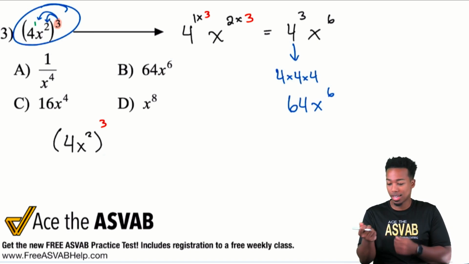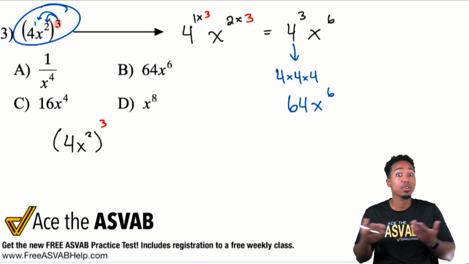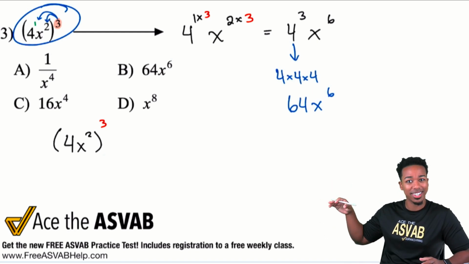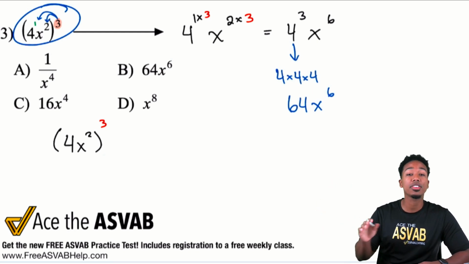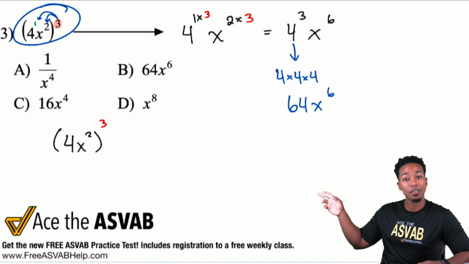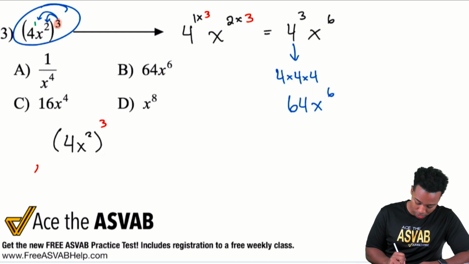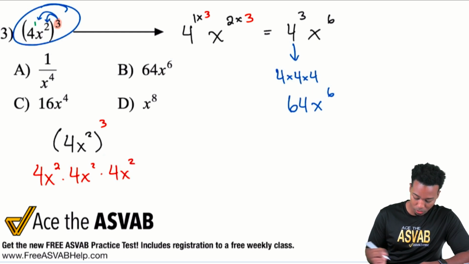X squared is x times x. 5 to the power of 3 is 5 times 5 times 5. Here, we have a bunch of stuff to the power of 3, and all that means is we're taking that and multiplying it by itself 3 times. So this will turn into 4x squared times 4x squared times 4x squared.